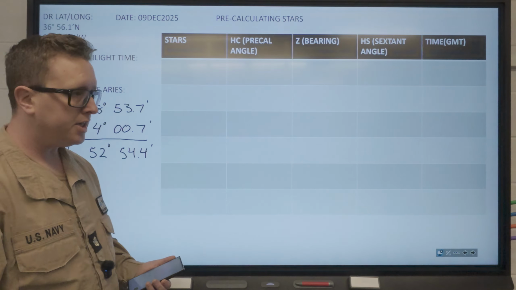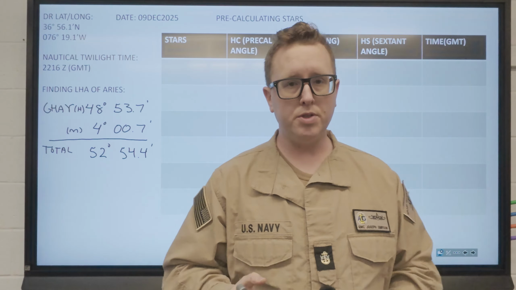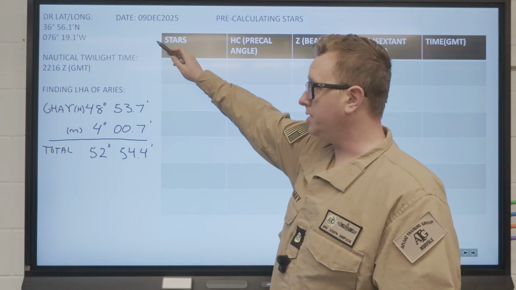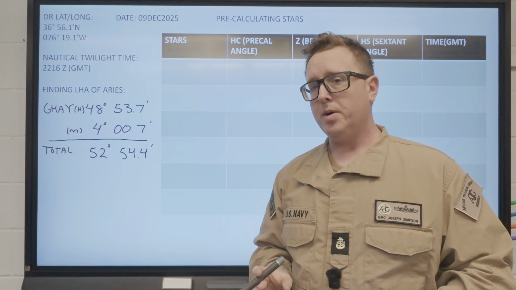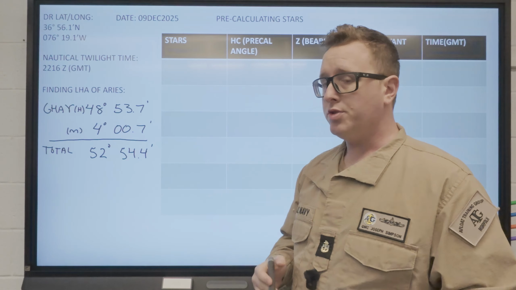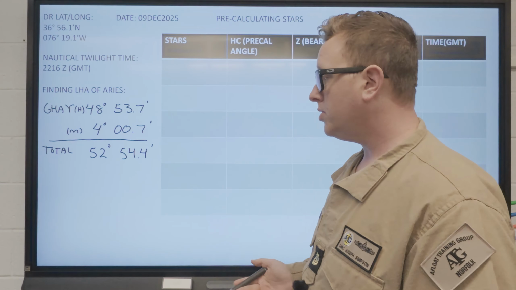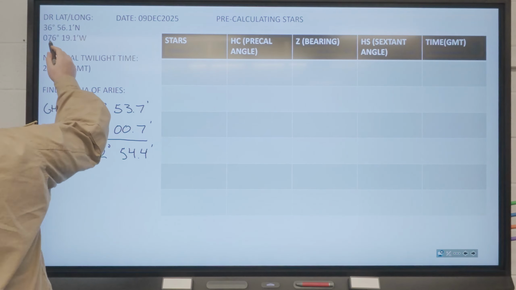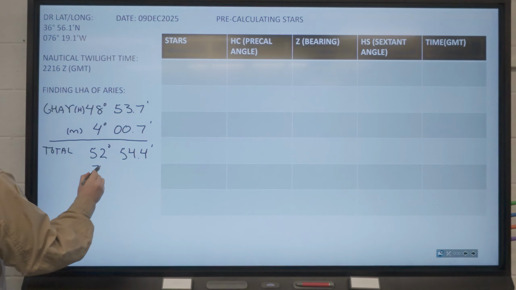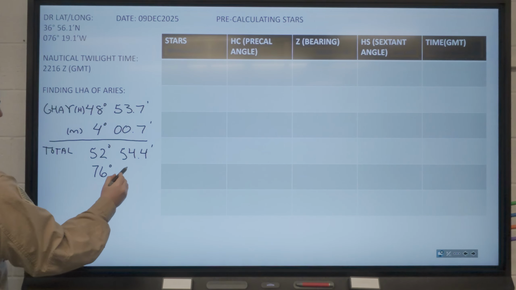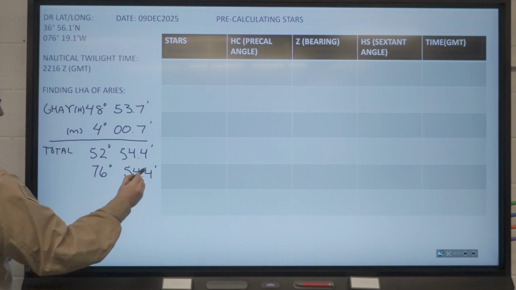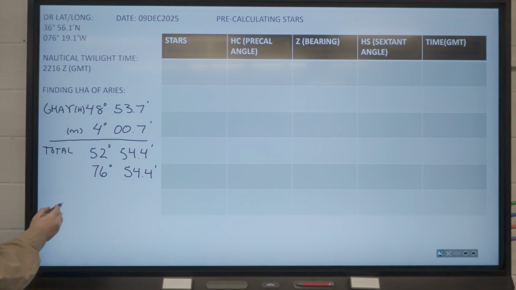Now, to get your LHA, you got to take your DR longitude and bring it down here. But we're going to form it up a little bit differently to get our assumed longitude. All assumed longitude is taking the degrees for your longitude and then matching your total GHA's minutes and seconds.